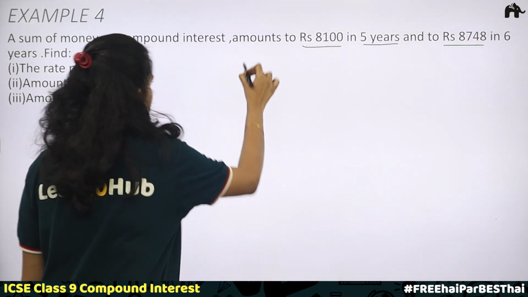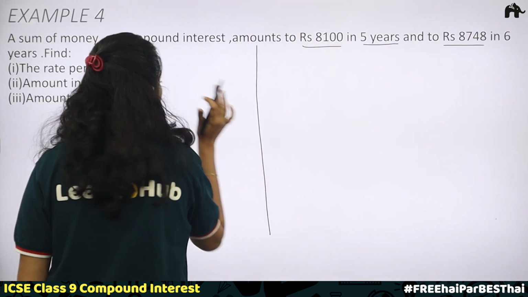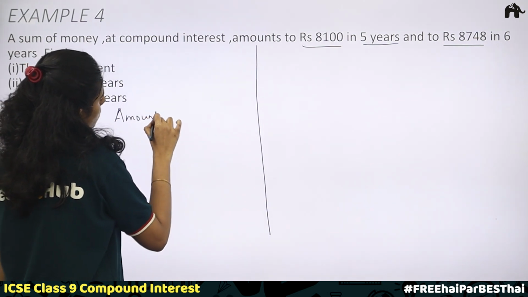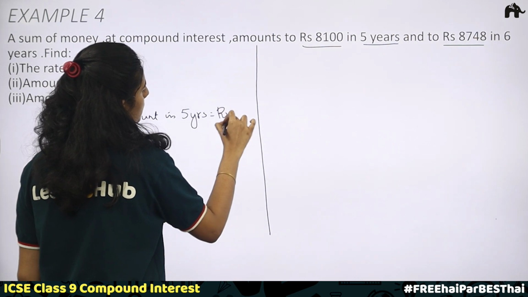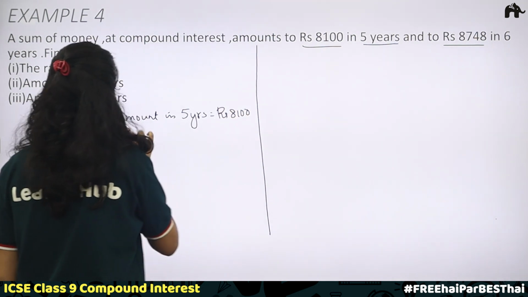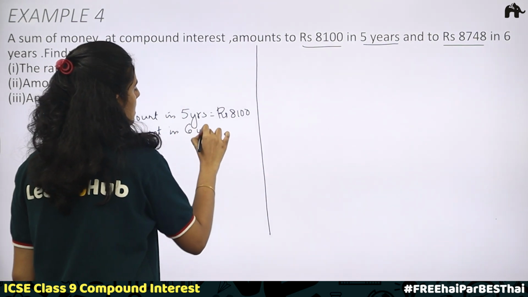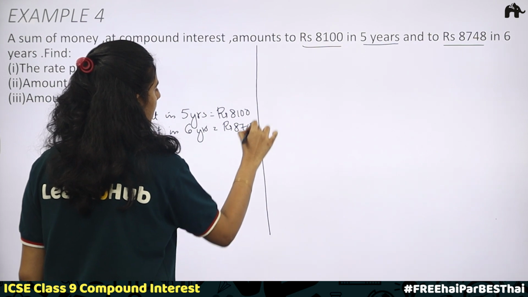Okay, how to find? Here we have studied the relations. Now it is given that the amount in 5 years is equal to rupees 8,100 and the amount in 6 years is equal to rupees 8,748.